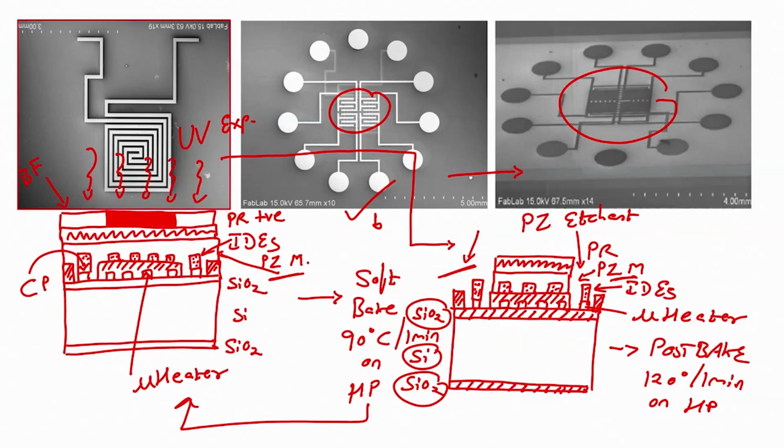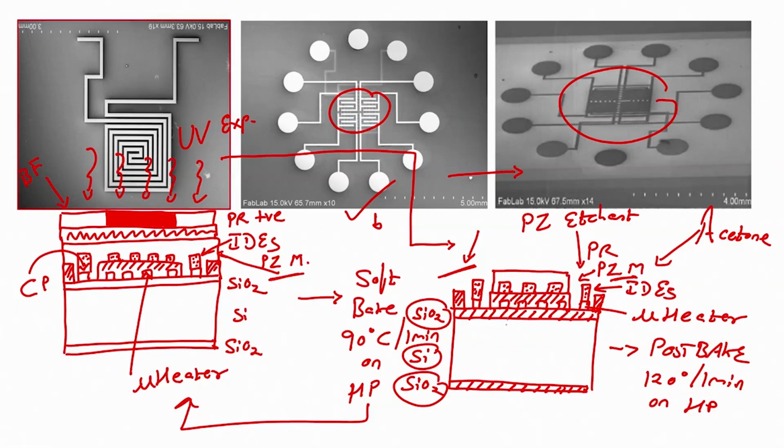We have to dip this wafer in acetone. Why? Because we do not want the photoresist, we have to strip it off. If I dip this wafer in acetone, what will I have? I will have piezoresistive material on my interdigitated electrodes, right.